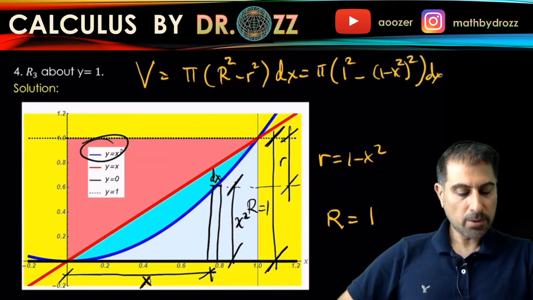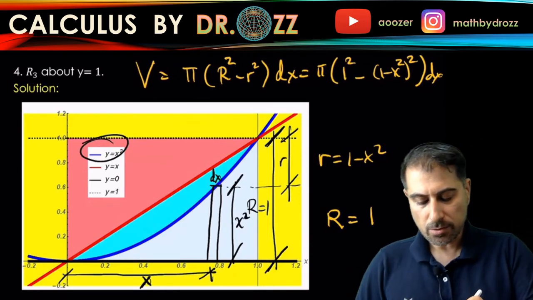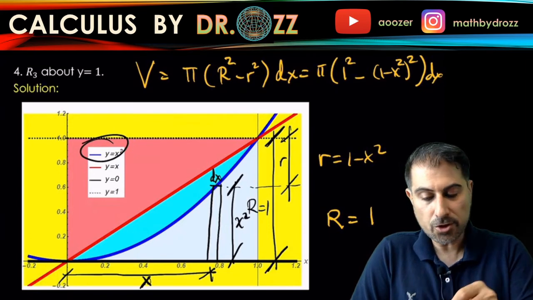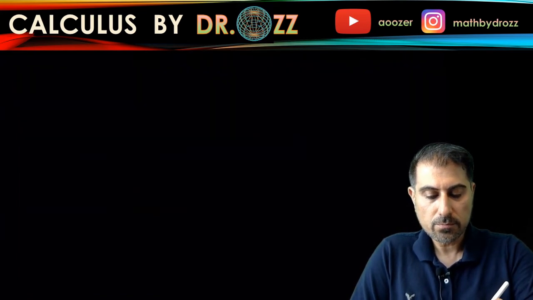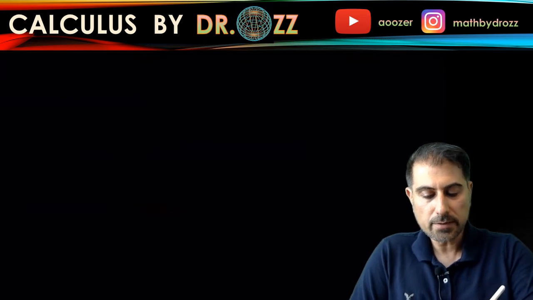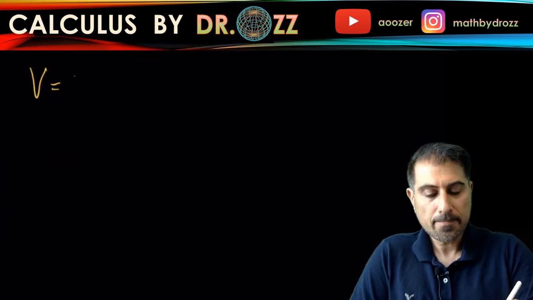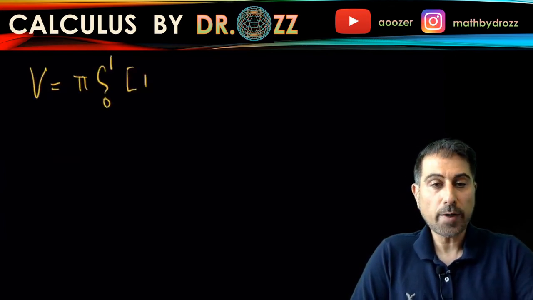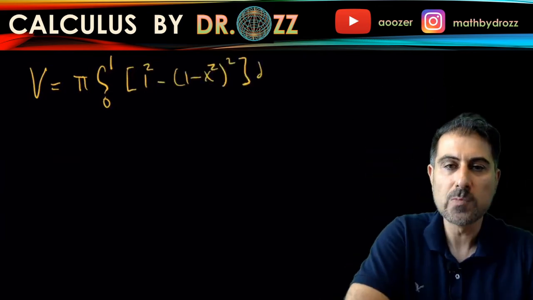All the x's in the light blue region range between 0 and 1, so I can go ahead and write down the volume of that region. The volume is pi times the integral from 0 to 1 of 1 squared minus (1 minus x squared) squared dx.